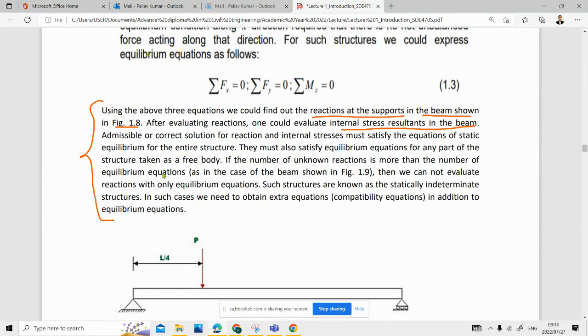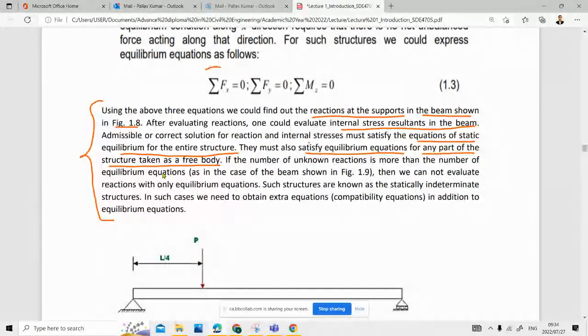An admissible or correct solution for the reactions and internal stresses must satisfy the equations of static equilibrium for the entire structure. And they must also satisfy equilibrium equations for any part of the structure taken as a free body diagram.